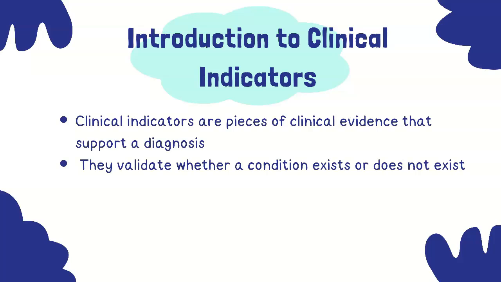So, clinical indicators are critical in both the coding and the query process because they serve as the clinical evidence behind a diagnosis. These indicators validate that a diagnosis isn't being assumed or guessed, it's actually supported by measurable or observable findings.